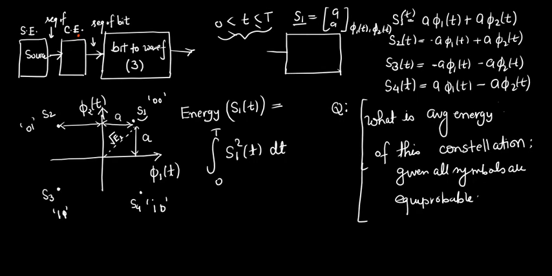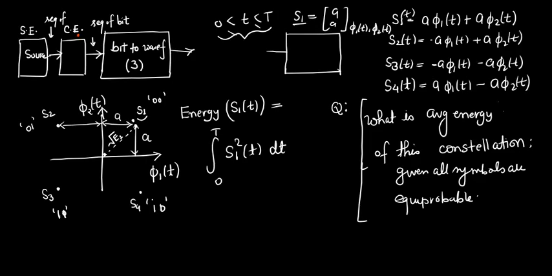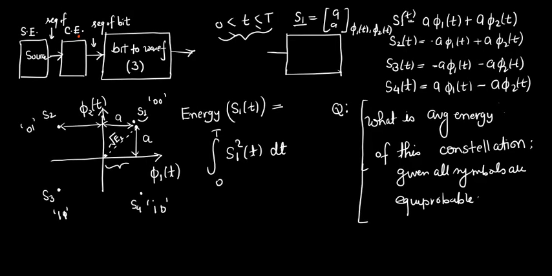The distance of a constellation point from the origin is the square root of its energy. नहीं, you can see from here na, a1 square phi 1 square t, a2 square phi 2 square t. So whatever is the projection of this over this a, what is the projection of this over this a, square and then square root, right?